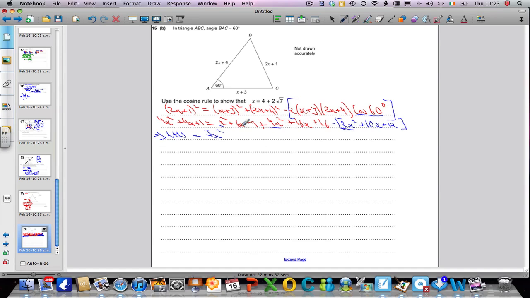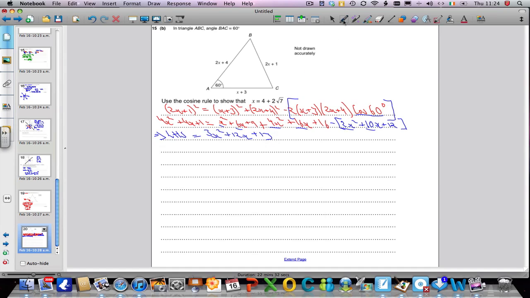So that's taken care of. 6x plus 16x is 22x, and 22x take away 10x is 12x. So that's those taken care of. And finally the constants, 9 plus 16 is 25. 25 take away 12 is 13.